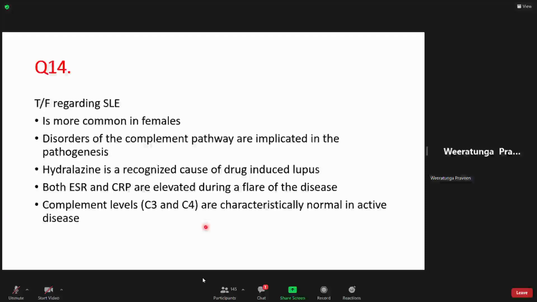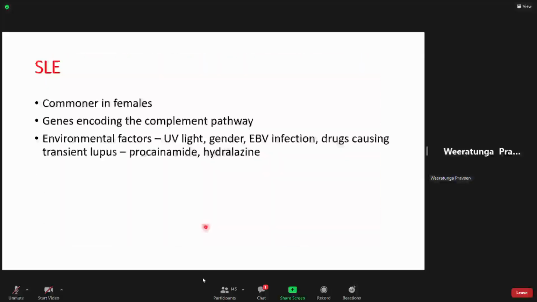Right. So let's do this MCQ then. True or false regarding SLE? More common in females? Yes, that's true. Disorders of the complement pathway are implicated in the pathogenesis. So yes, there are certain genetic disorders in relation to complement deficiencies that can cause SLE.